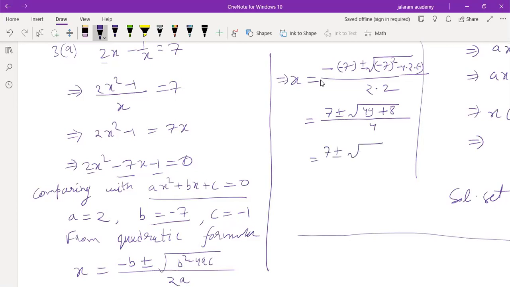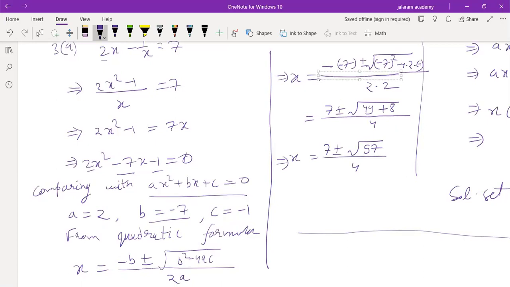So 7 plus minus under root 57 by 4. Is that clear to you? So the value of x is 7 plus minus root 57 by 4.